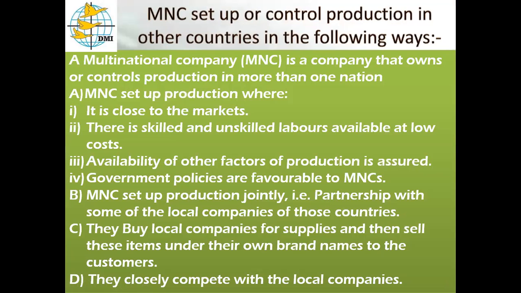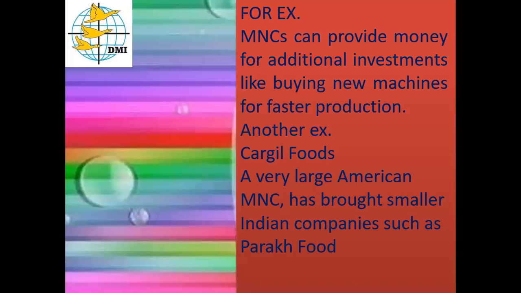Now, after the MNC is set up, it can be set up jointly, that is in partnership with some local company, or with the government. These MNCs buy from the local companies for supplies, and then they sell these items under their own brand names to the customers. They closely compete with the local company.